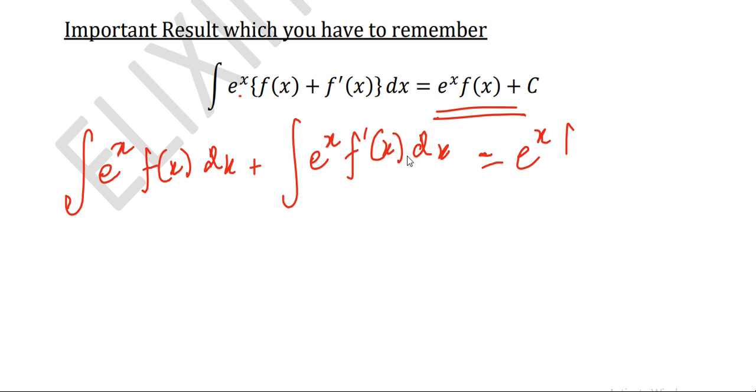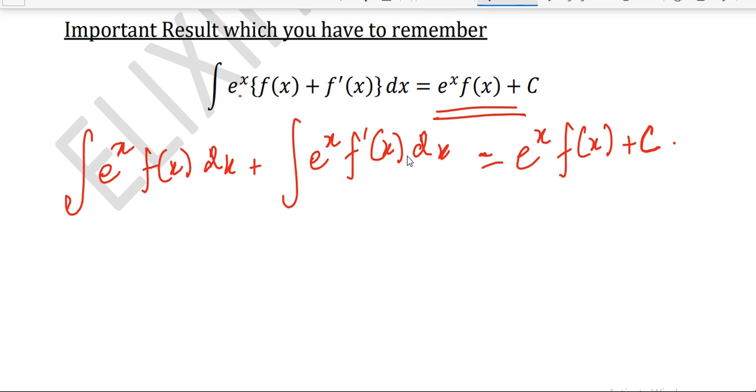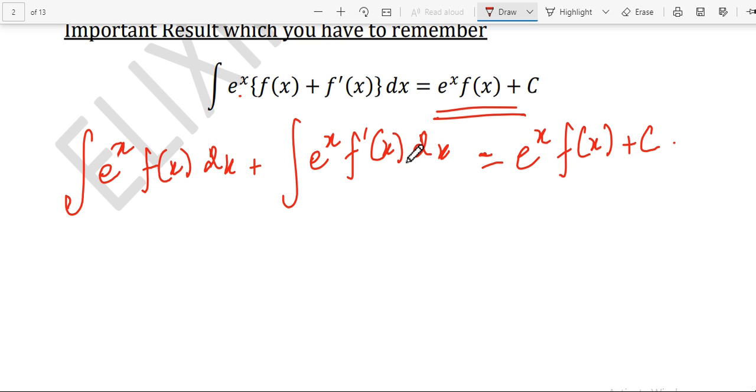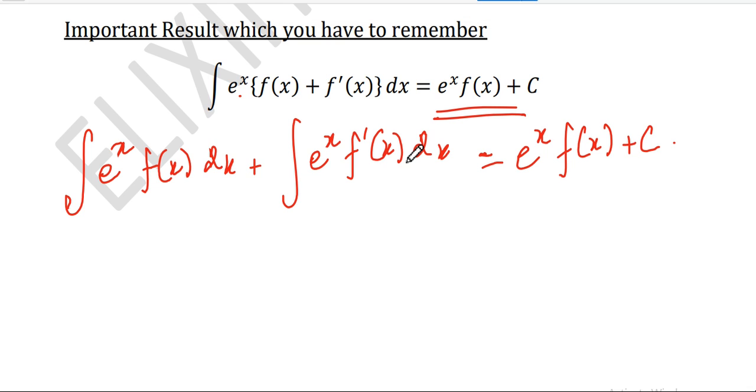This is simply e to the power x f(x) plus c. This is a very important result which we have to remember. The proof is very easy, you can try out the proof. Simply take this particular function.